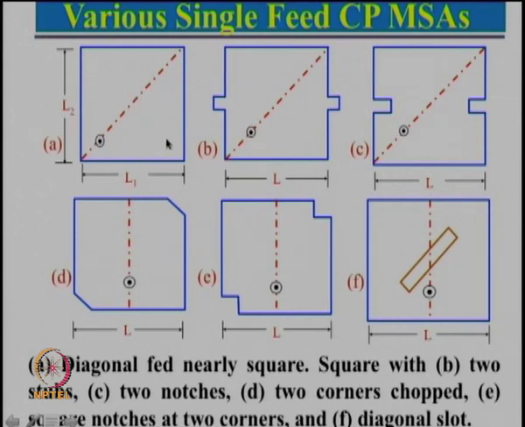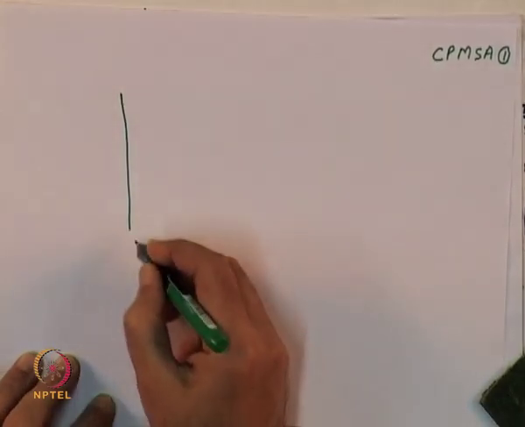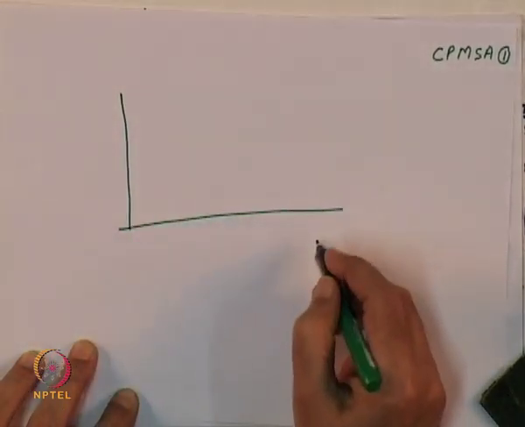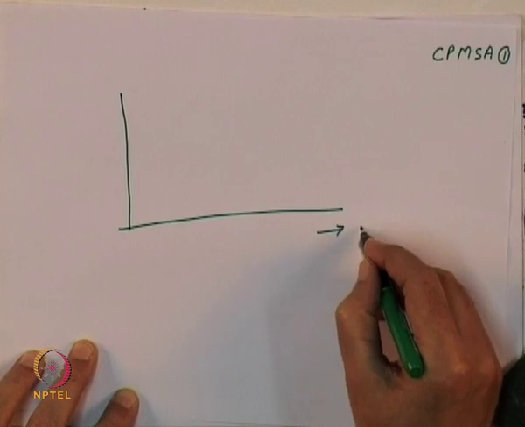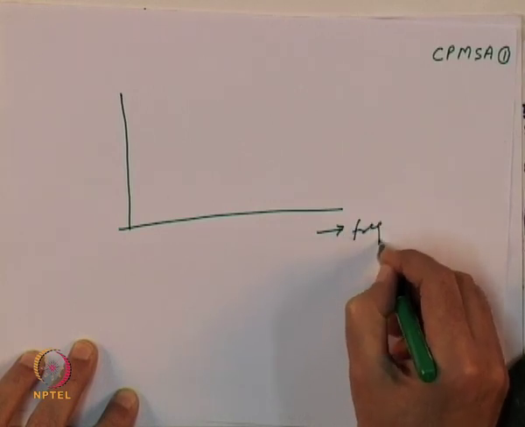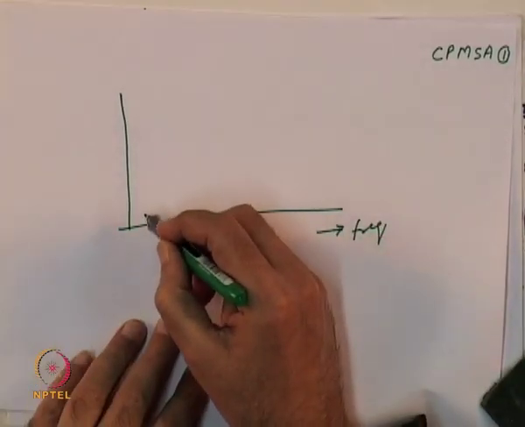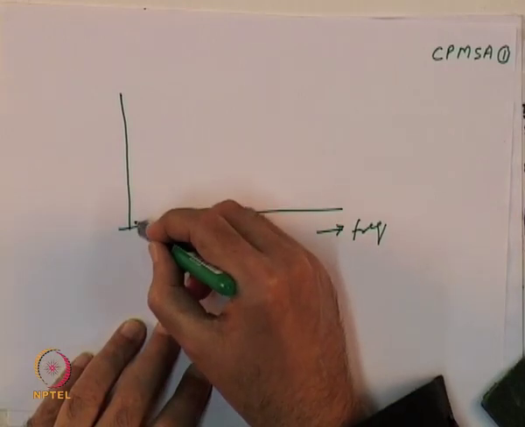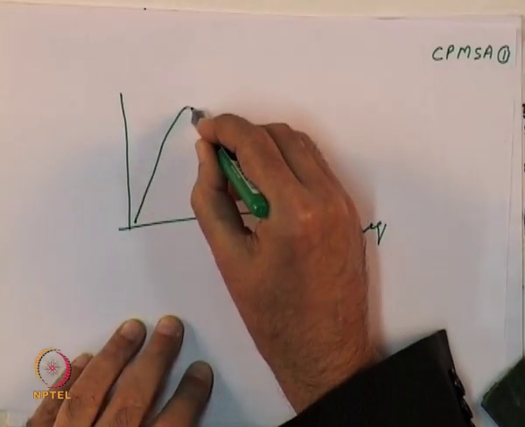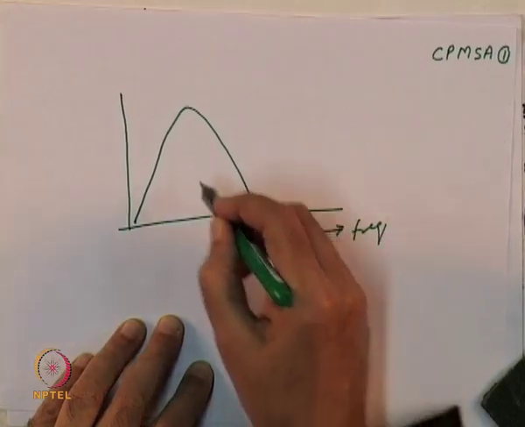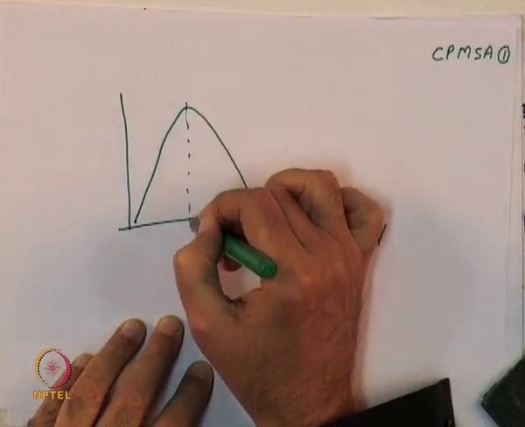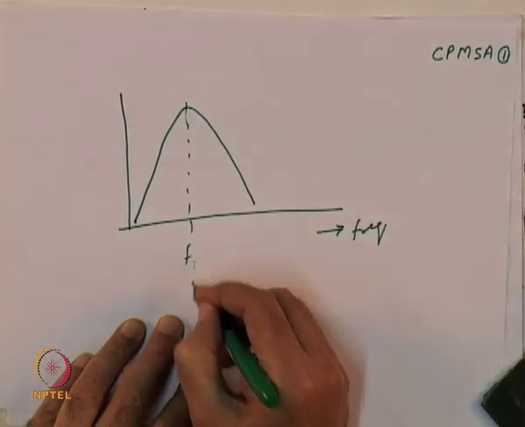Let us look at the resonance curves corresponding to L1. As I said, length L1 is more. So, here is the resonance curve corresponding to L1, which is equal to F1.